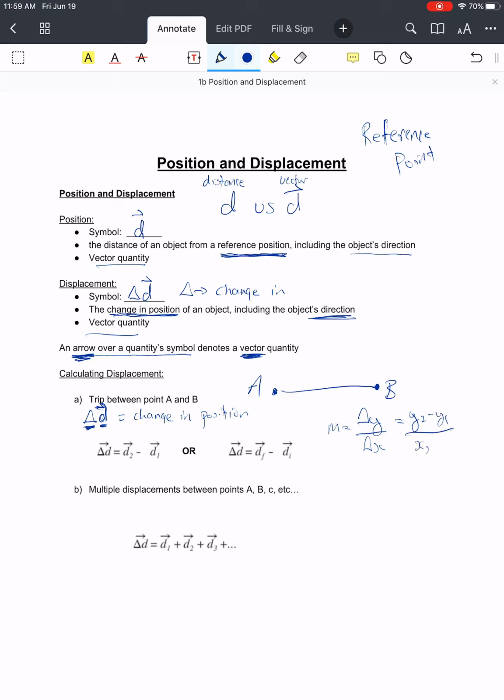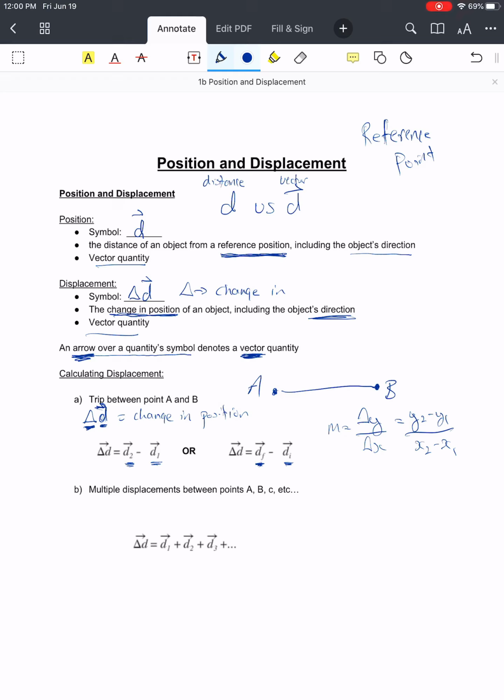Change in x is x2 minus x1. So you always take your second quantity minus your first quantity, or what we're going to do is your final quantity minus your initial quantity. Or delta D equals D2 minus D1, or DF minus DI, your final position minus your initial position.